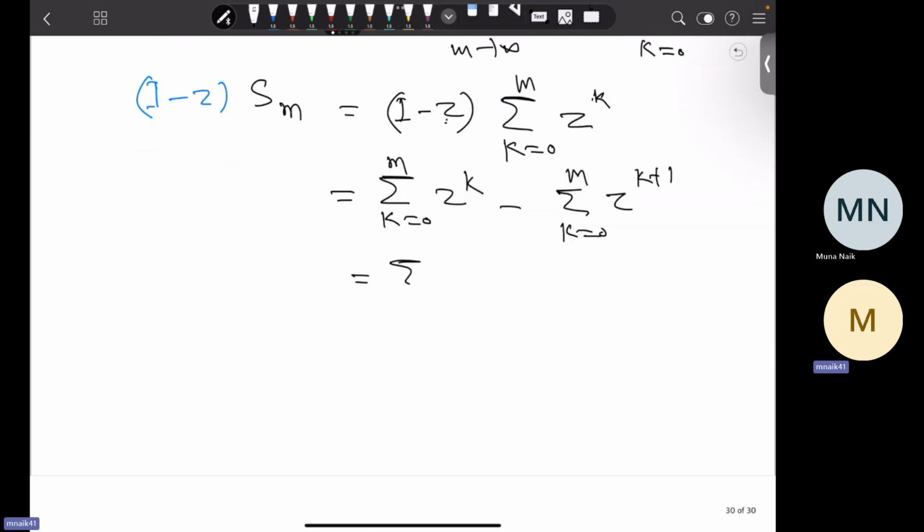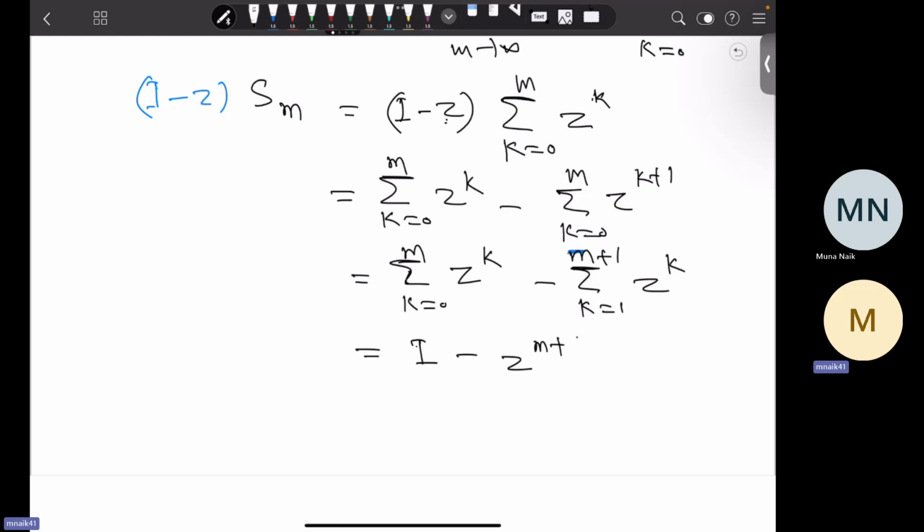Doing the indexing starting from 1, k plus 1 becomes my new k, so you can write it as the sum from k equals 1 to m plus 1 of Z^k. That will give you I minus Z to the power m plus 1. This is clear.